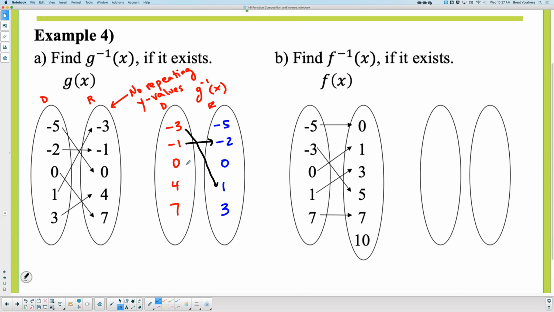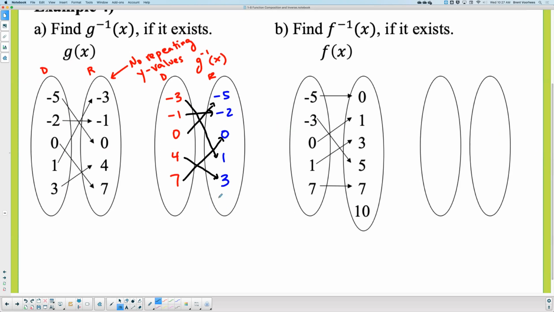Nope, 0 goes to negative 5. 4 gets mapped to 3. And 7 gets mapped to 0. Notice over here, there are no repeating x's now. Since there were no repeating y's here, there would be no repeating x's on this one. So this would be a function.